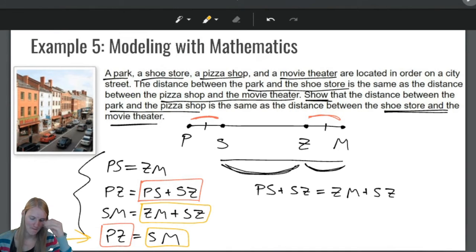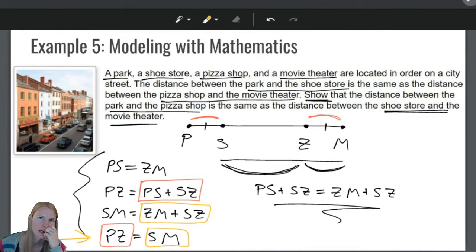Okay, so now, how could I show this? I need to look at what I'm given. I need to look more closely at this stuff right here.